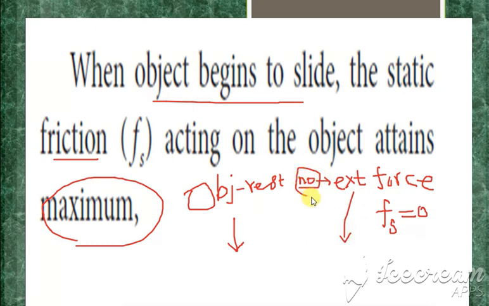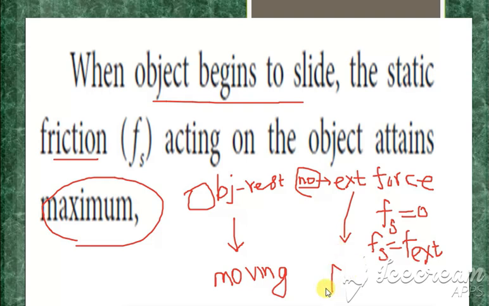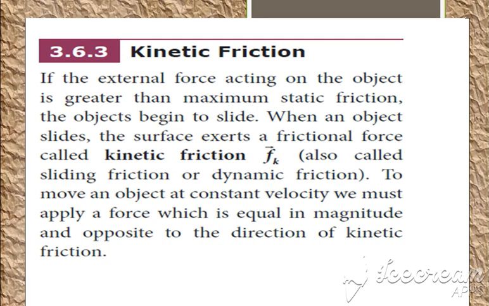Then the static friction is equal to the external force, so f of s is equal to f of external. Next, the object is moving. So the third condition is the object is moving, and then f of s is maximum. So first condition f of s is 0, second condition f of s is equal to f of external, next f of s is maximum. Yes, clear with these three conditions?